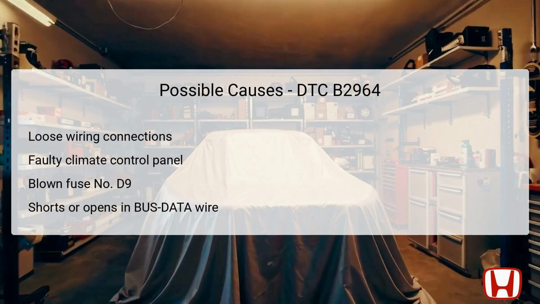Additionally, if the fuse number D9, which protects the climate control system, has blown, it can disrupt functionality. It's important to consider both shorts and opens in the bus data wire, as these can impair the electrical signals necessary for effective communication. Each of these areas must be checked thoroughly to isolate the root cause of the communication failure.